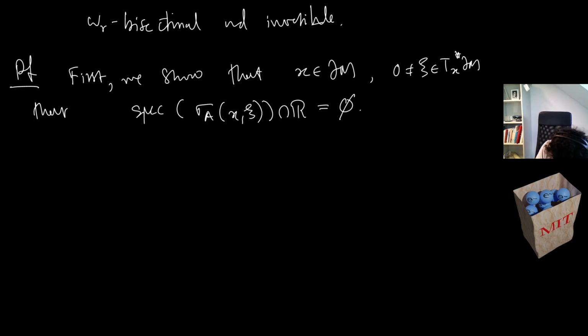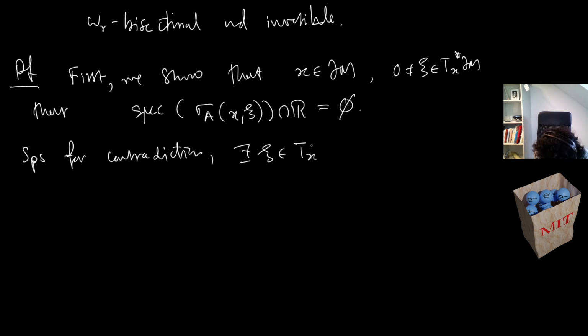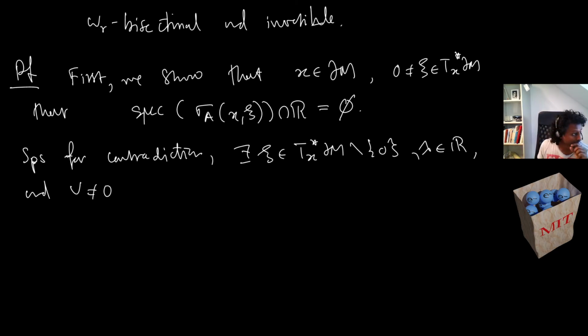So we do this by contradiction. Suppose, for contradiction, there exists some psi that's non-zero, a lambda in R, and V non-zero, such that lambda V is equal to A_x psi V, right?